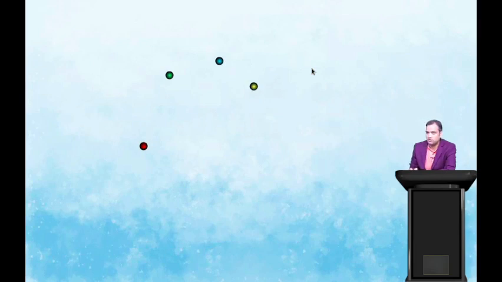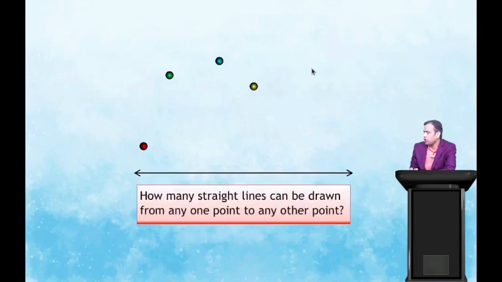So first postulate is, we have some points, this is a line. How many straight lines can be drawn from any one point to any other point? If you are given one point and another point, how many lines can you draw? Only one.